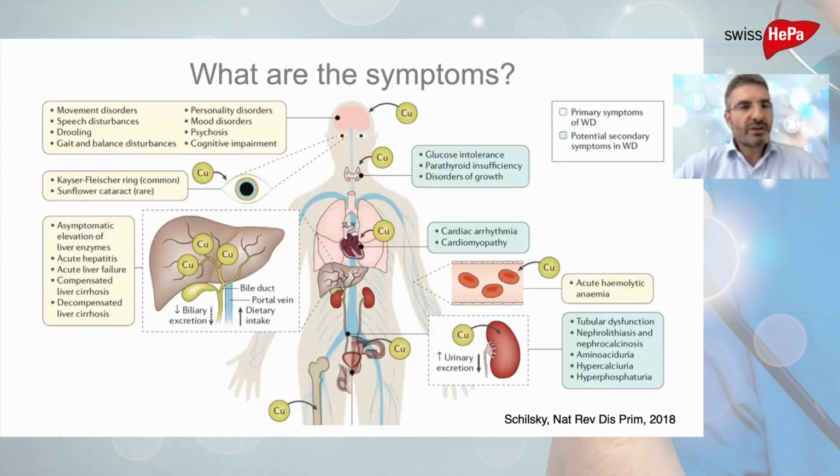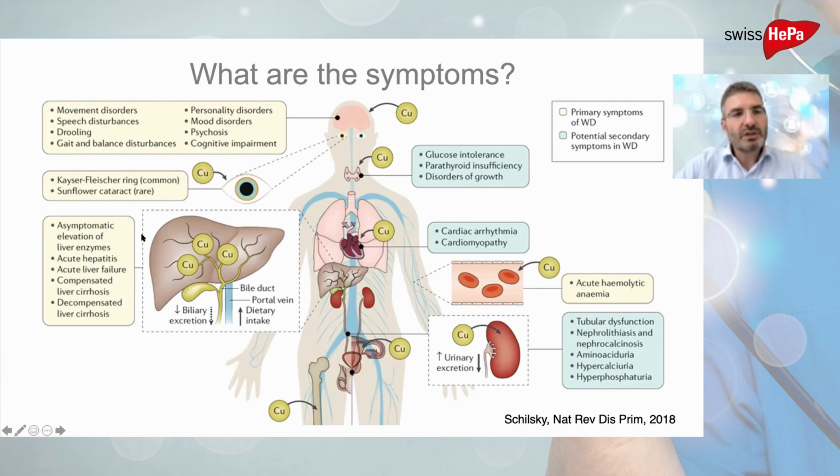Once copper accumulates in the organism, there are particular symptoms, called primary symptoms and potential secondary symptoms. I will start with the liver here on the left side.